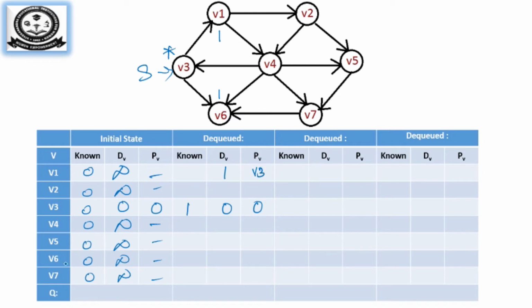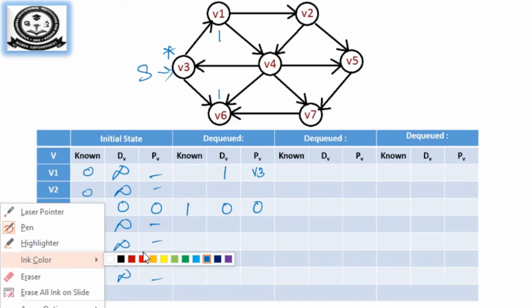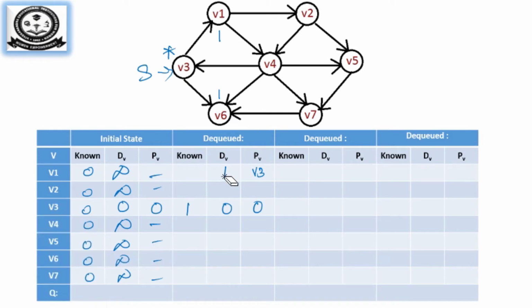Similarly V6. So let me change the color so you will understand that. So first I have made my starting vertex a known vertex and distance is 0 and 0. So from V3, I can go to V1 and V6 with a length of 1. So we will write 1, my previous vertex is V3. From V6 it is 1, V3.